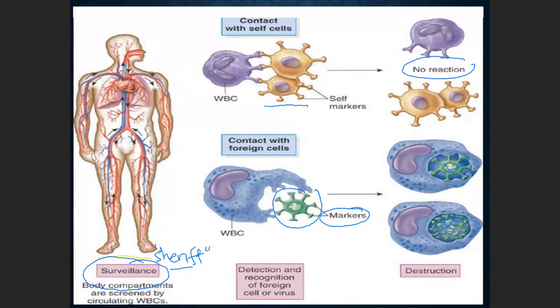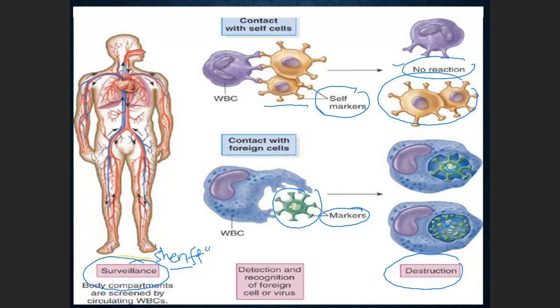So, destruction. This is what happens in our body over and over: surveillance, then recognition. If it is just our own marker, there will be no reaction, because this white blood cell will not kill or destroy our own cell.